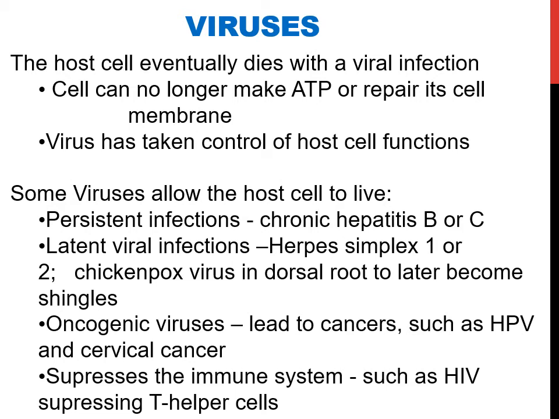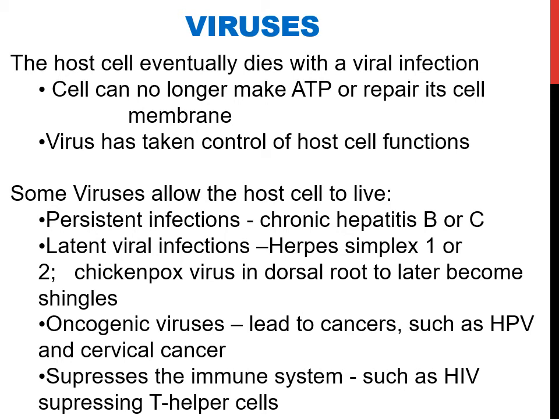Chickenpox. You get chickenpox, that blistering rash or that vesicular rash all over your body, and then it remains in your dorsal root, which is a part of your spinal cord, and later on it expresses itself as herpes zoster or shingles.